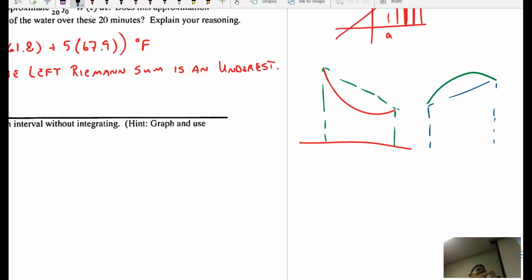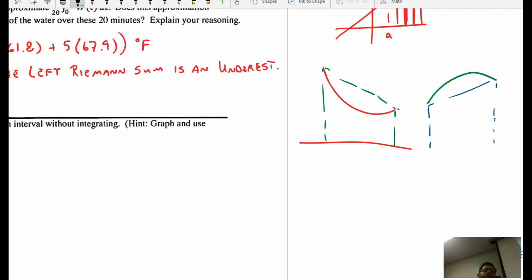That if it's a left-hand or a right-hand, they even had to give us information about W of t. They had to tell us that W of t was strictly increasing in order for us to know over-approximation or under-approximation. For a trapezoid approximation, they would have to tell us whether the function was concave up or concave down. They could tell us that also in terms of the derivative.